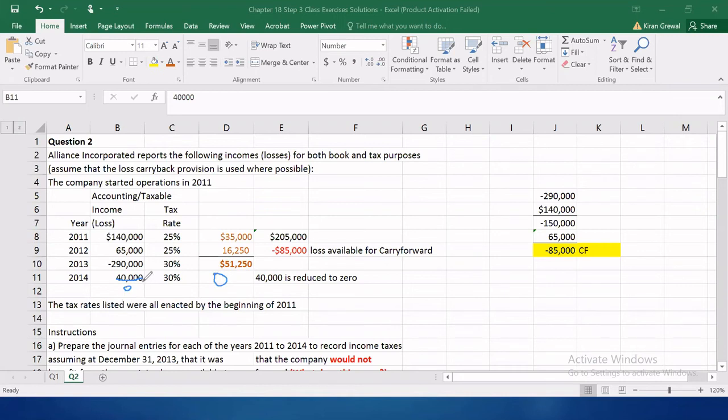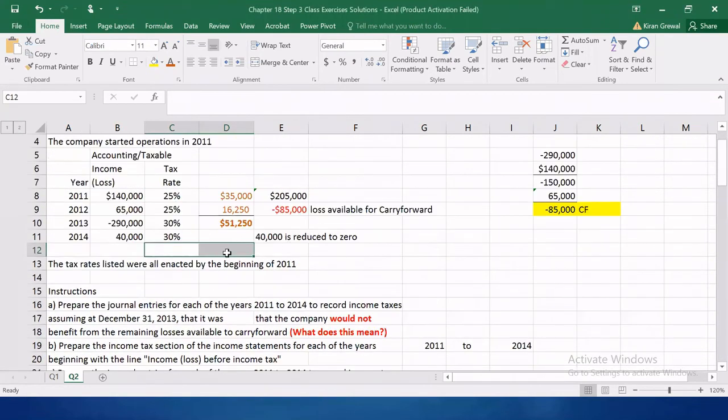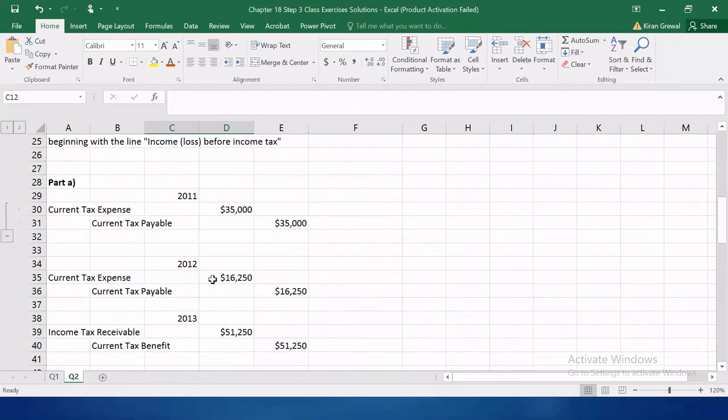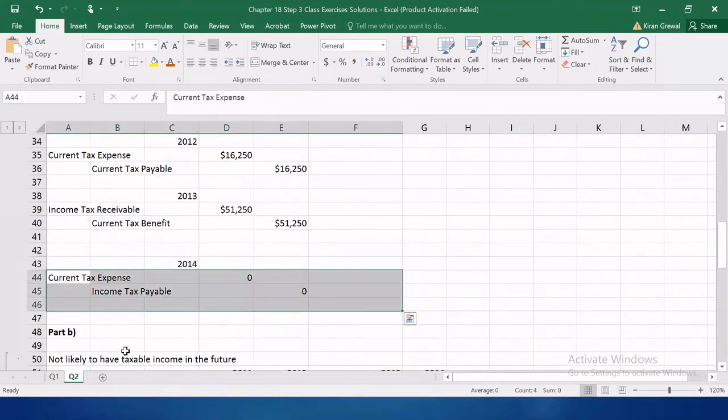Okay, so in the last question, we'd had some amount left over after we had used up all of the loss and had still some net taxable income left over in the year following a loss. This time we're using up all of it, so we don't actually have to pay any money in 2014. So the first journal entry is supposed to show how much tax we owe. We don't owe anything, so we wouldn't have a journal entry for current tax expense or income tax payable. So we wouldn't need to do a journal entry there.